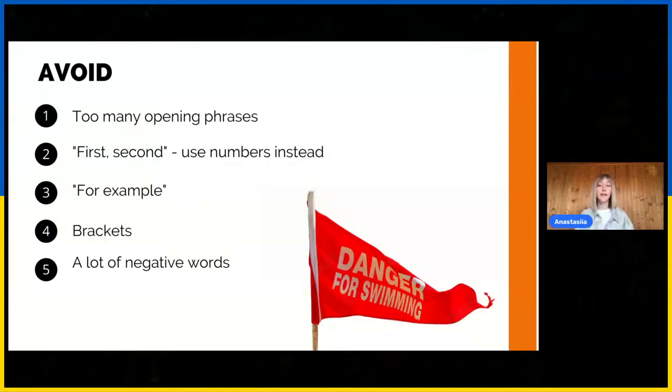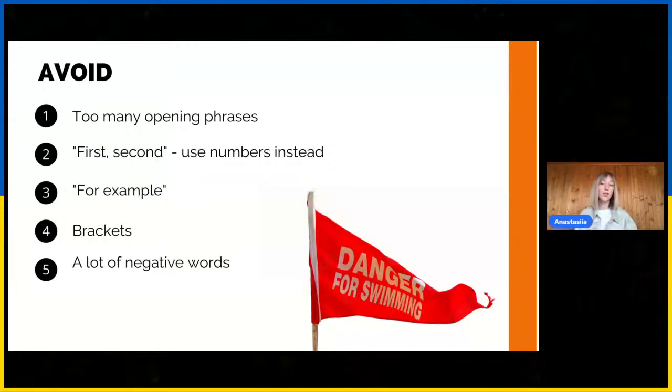Then the next thing is connected to numbers. When we present our ideas we can say, okay, first, second, and third, but these are also extra letters: first has 5 letters, second has more letters, and they add up to a big amount of time for a person to read your email. So exchange words for numbers or points when we make a list of things we are talking about.